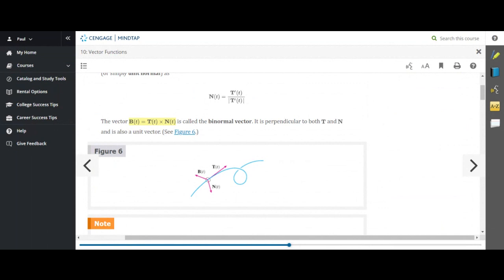The cut would be a perpendicular cut, a normal cut. And so that's how I remind myself: a normal plane is a plane that contains the binormal and the normal vectors. Okay. Are there any questions on that?